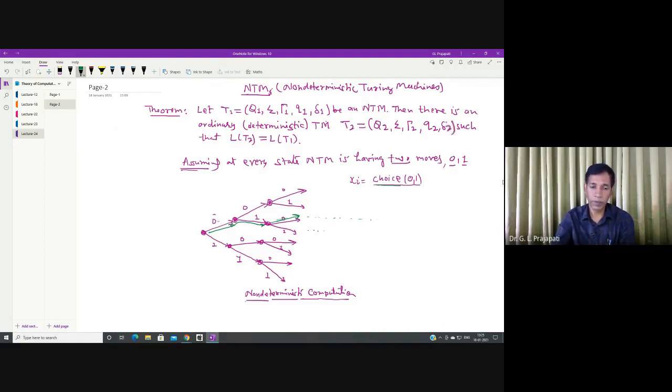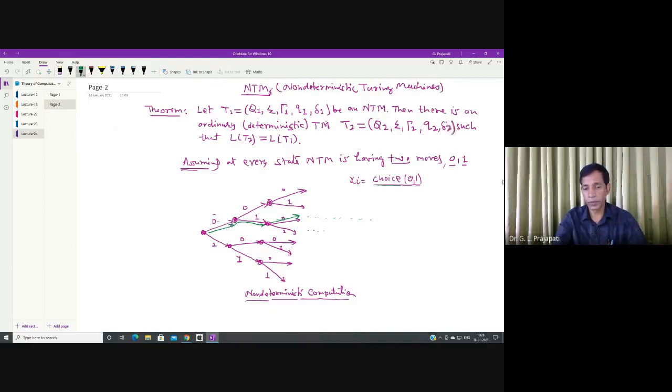Constant time is needed to decide whether to go this way or this way. So the question is, if a correct choice is available for which there is a successful termination, then your non-deterministic Turing machine must make the correct choice.